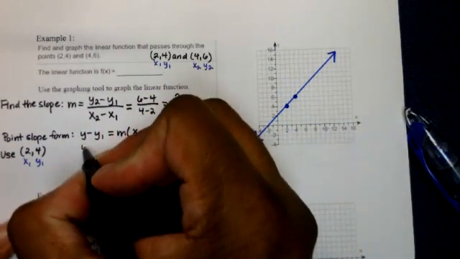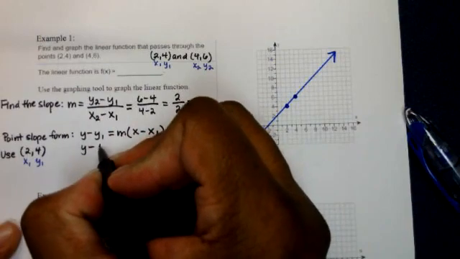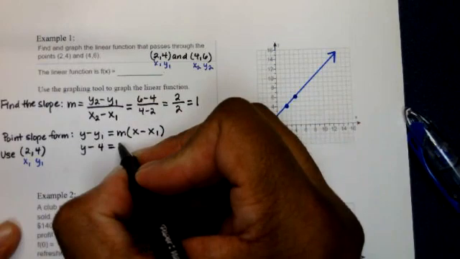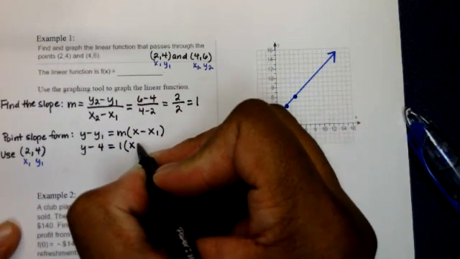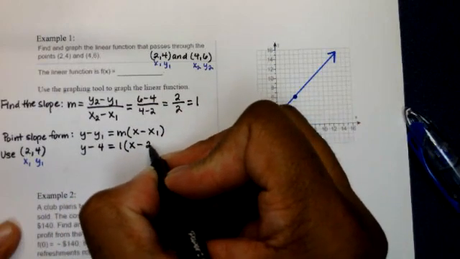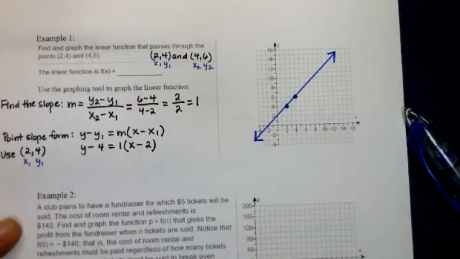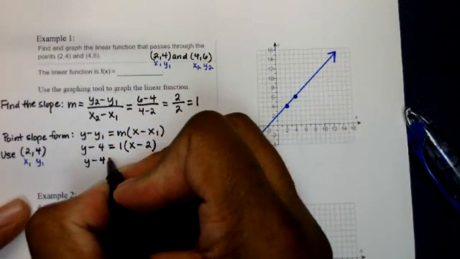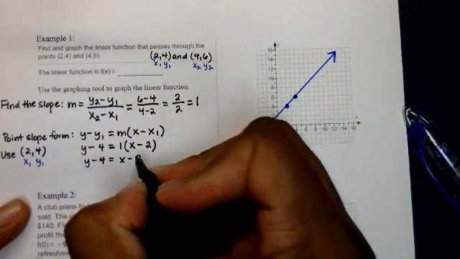So here we're going to have y minus y1, which is 4, and that's equal to m, which is the slope that we just found, was 1, times x minus x1, which is 2. Now, 1 times x minus 2 will be x minus 2. So I'll just have y minus 4 is equal to x minus 2.